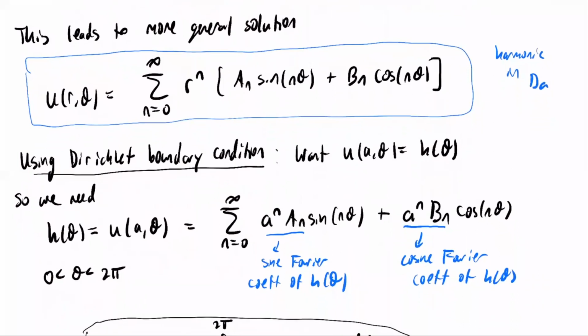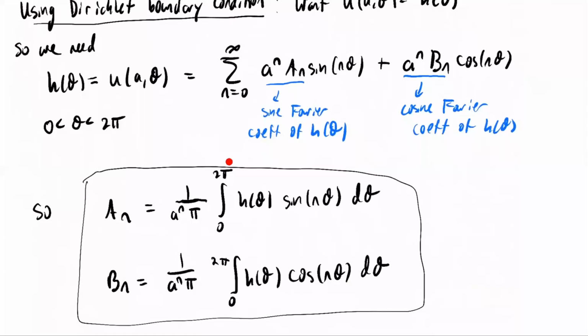Right? And so now the solution formula is, well, our function u is given by this infinite series with an and bn respectively equal to these integrals, right? So these are like Fourier coefficients, but divided by the radius of the domain to the n, right?